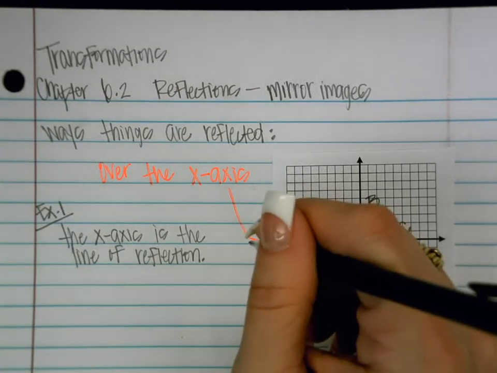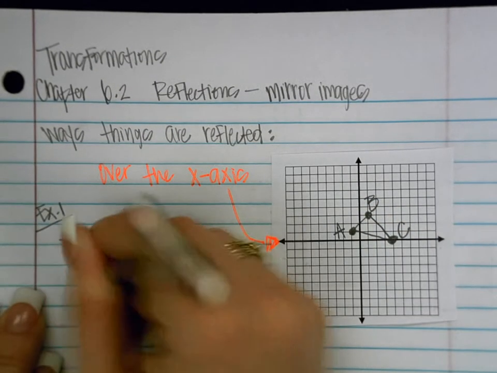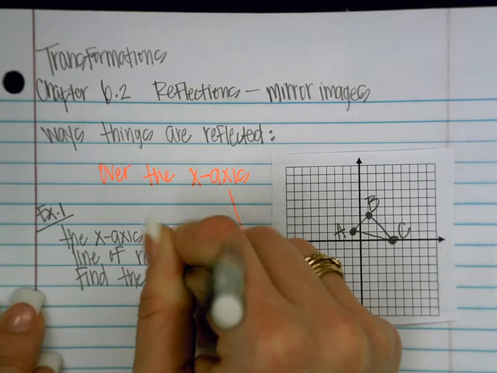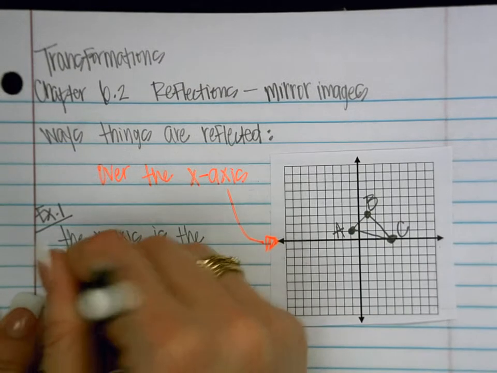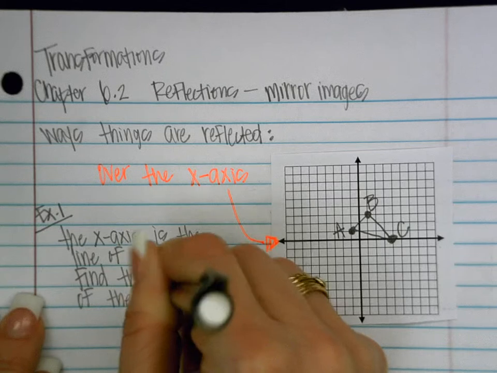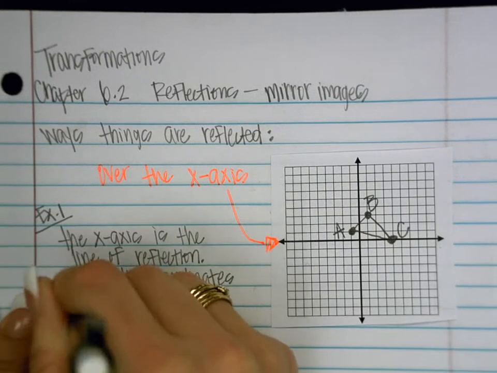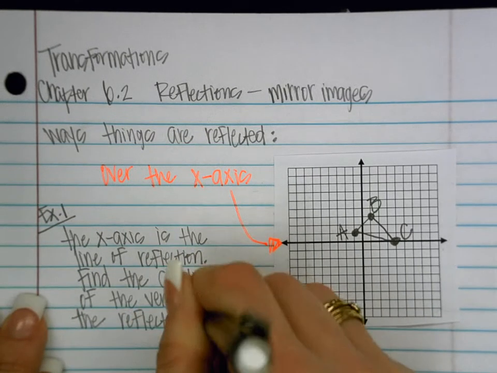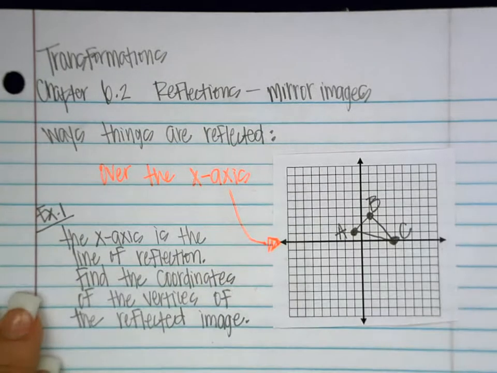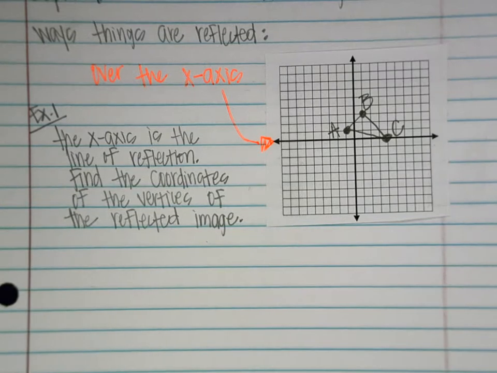If I ask you to find the coordinates of the vertices of the reflected image, find the coordinates of the vertices of what's called the reflected image.